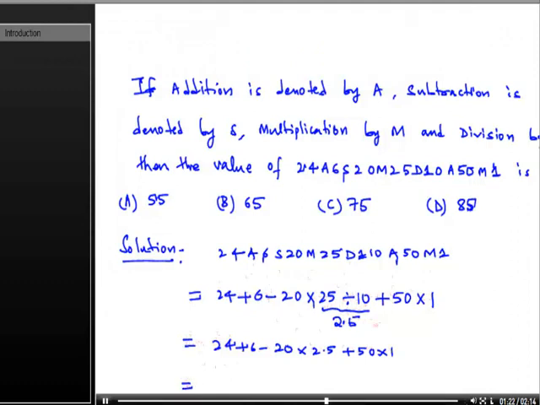After division is performed, we'll go for multiplication. 20 into 2.5 gives you 50, and 50 into 1 also gives you 50. And this total expression becomes 24 plus 6 minus 50 plus 50. Here minus 50 plus 50 gets cancelled. 24 plus 6 gives you 30.